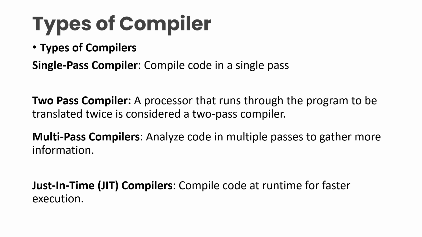The two pass compiler means a processor that runs through the program to be translated twice. That's why its name is two pass compiler. Multipass compiler means we analyze the code in multiple passes to gather more information. And this is the just-in-time compiler, which runs the code at runtime for better execution.